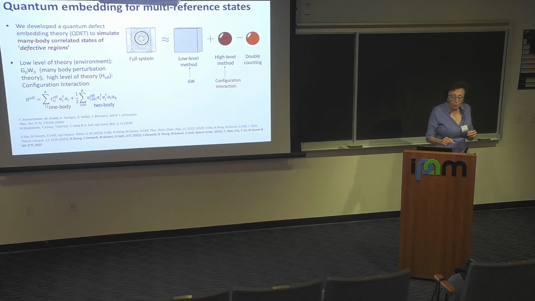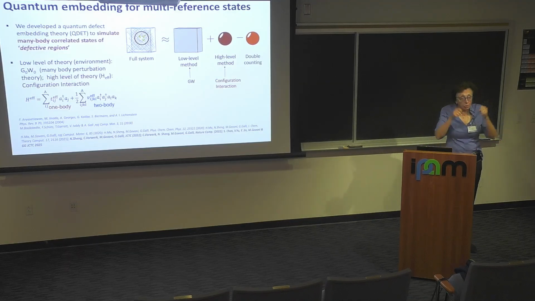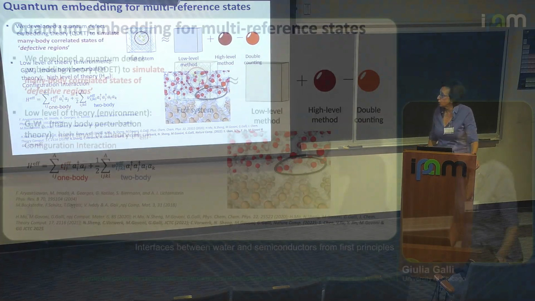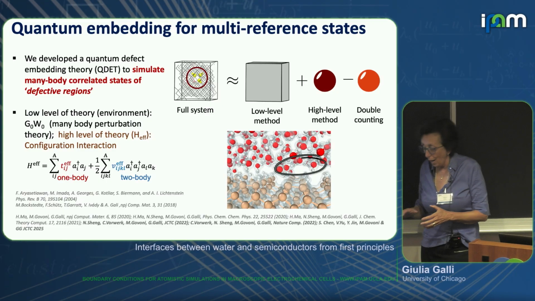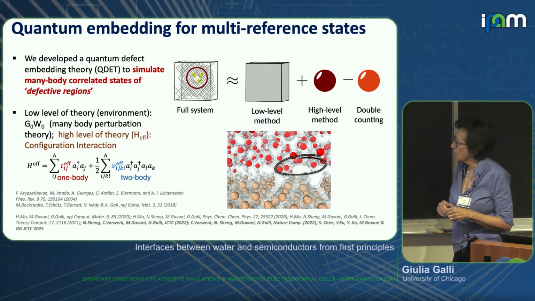And we want to put the effect of the environment into this Hamiltonian so that we have these states embedded in the environment. For an interface, this is very difficult to do. We have been successful so far for defects in semiconductors.